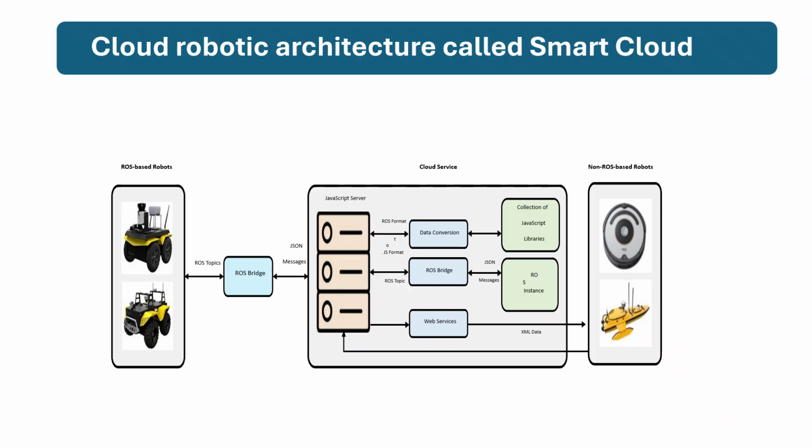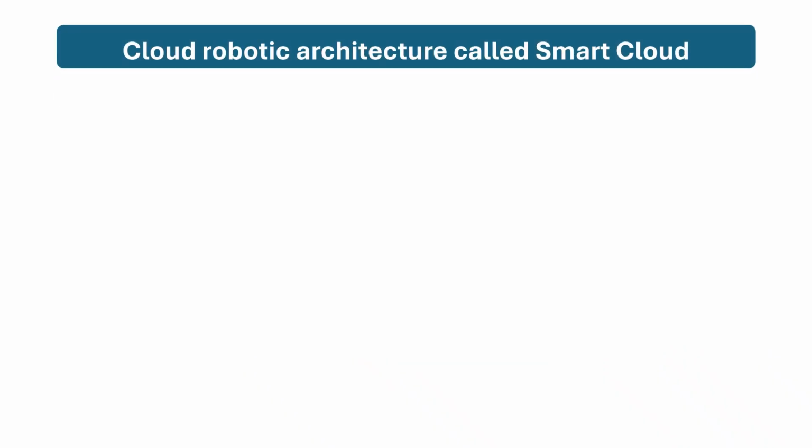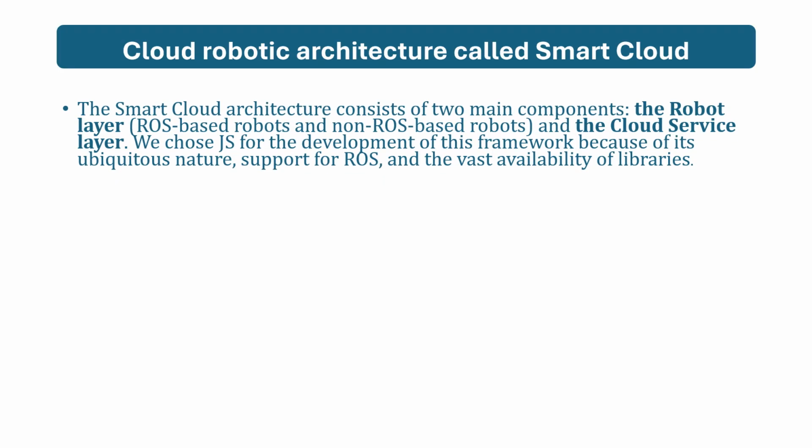Understood? So I told you yesterday also that the cloud robotic architecture has two main components. The smart cloud architecture consists of the robot layer, which consists of ROS based robots and non ROS based robots.